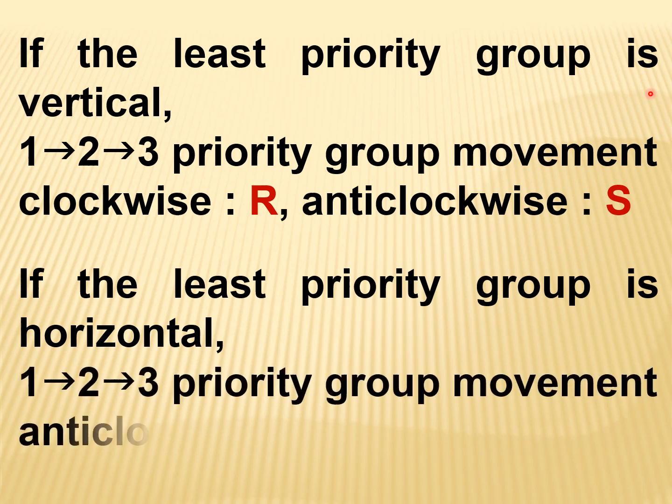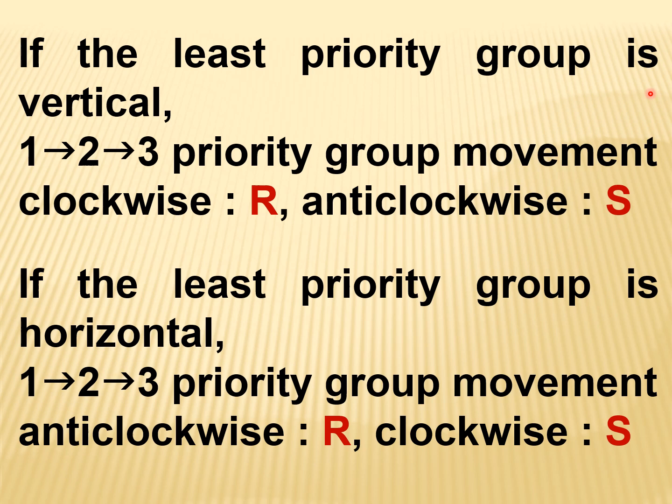That is, for the 1, 2, 3 priority group movement, anti-clockwise will be R and clockwise will be S. So depending on the position of the least priority group, when the least priority group is vertical, 1, 2, 3 clockwise is R, anti-clockwise is S.